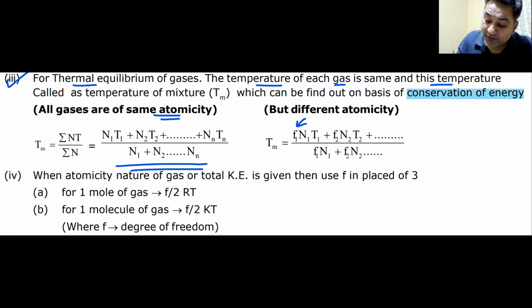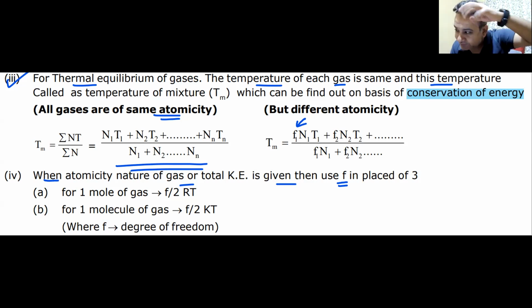Remember, for any gas, if I want to find the kinetic energy, remember the formula that we saw, 3/2 kT or 3/2 RT; that was translational kinetic energy. If I want to find the total kinetic energy, remember that gas molecules can move in translational motion. They can also rotate, so some gas molecules also have rotational energy.